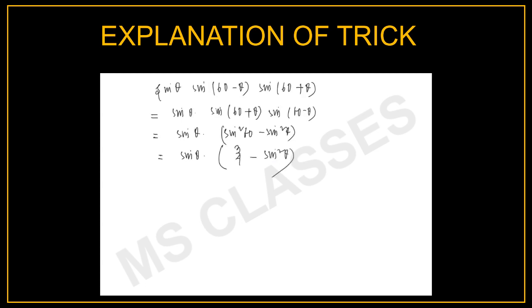Here we can write 1 by 4 outside. It is 3 sine theta minus 4 sine cube theta, which is the formula for sine 3 theta, and we get the required expression.